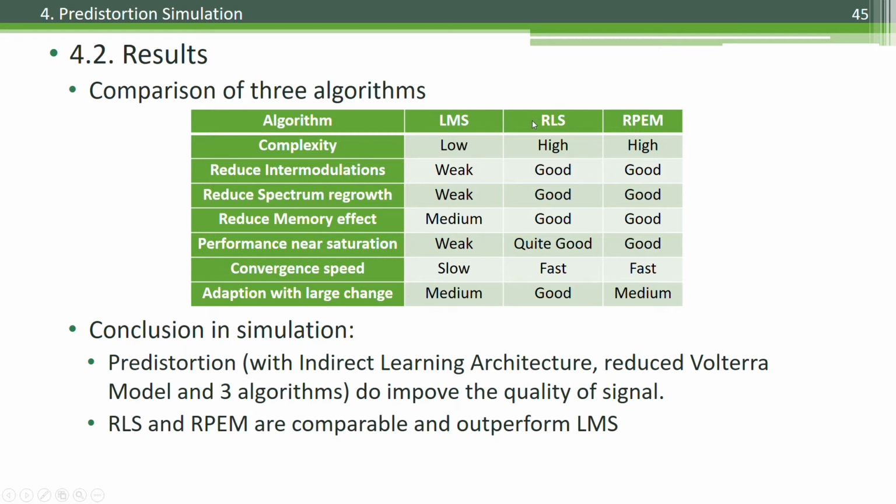And recursive least square and recursive prediction error are comparable. So I have a conclusion in simulation that predistortion with indirect learning architecture, reduced Volterra series model and three algorithms do improve the quality of the signal. And the recursive least square and recursive prediction error are comparable and outperform least mean square.